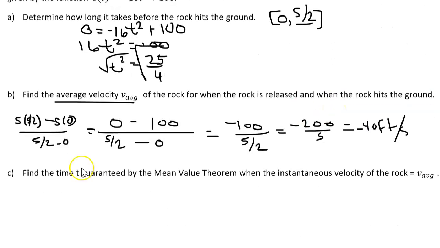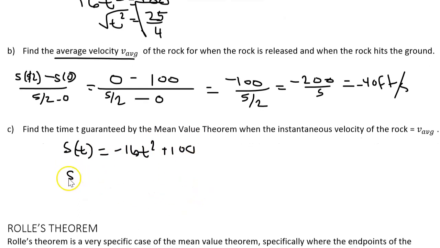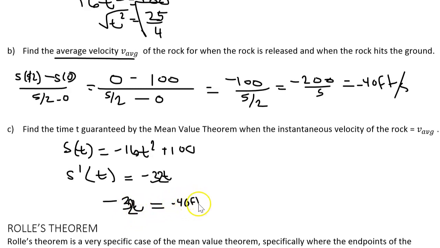So rewriting the equation, we have s of t is equal to -16t squared plus 100. We're going to find that derivative, which is s prime of t, -32t, and then the 100 has a derivative of 0. And so we're going to say -32t, I keep forgetting the t, is equal to -40 feet per second.